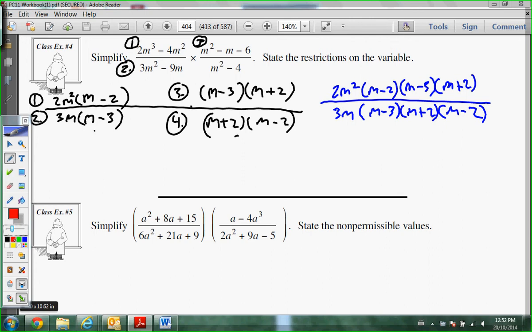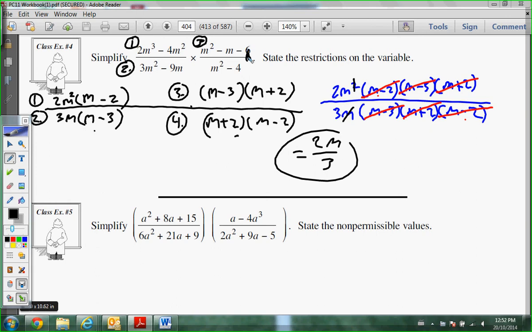Now we're just playing the cancel game here. Do I have m minus 2 top and bottom? Yep. m minus 3? Yep. m plus 2? Yep. All my binomials are gone. What does 2m squared over 3m cancel to? Good, yeah, the m cancels off. So it's 2m over 3 is what all this stuff turned into.